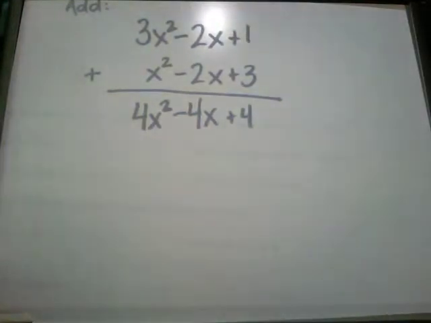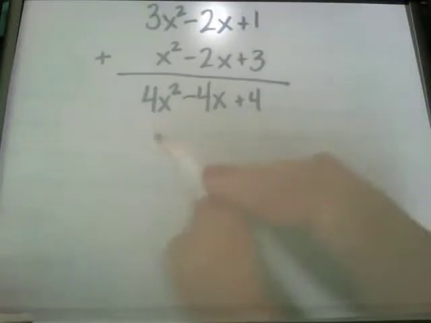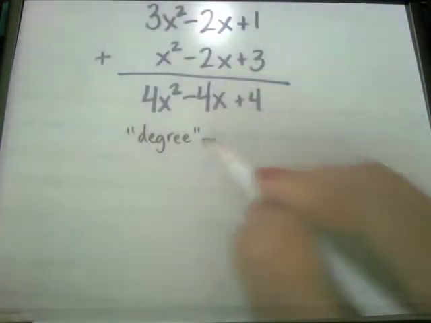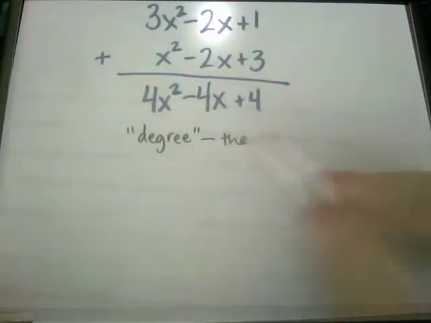Now, the final thing that I need to point out, I think that you guys can do all of that pretty simply. The only other thing you're going to see in the directions, oh, it doesn't say this actually. However, I just want to point this out. We are going to be seeing the word degree, and this means the exponent number.